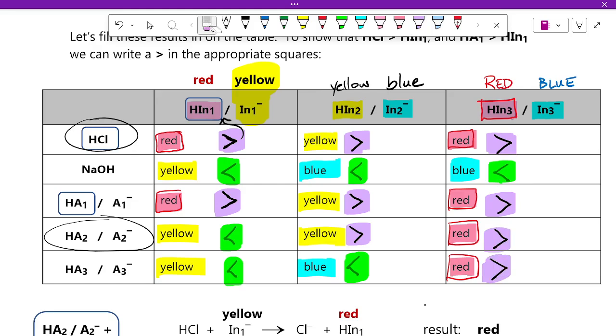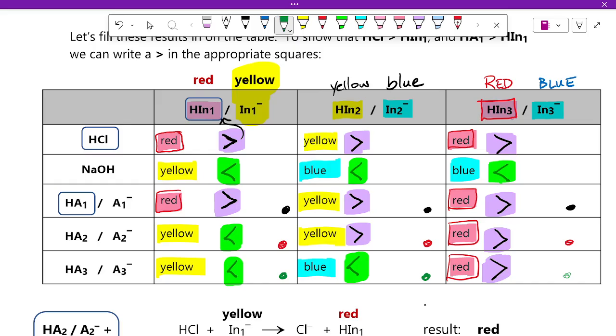So looking at the color coding, can you tell me which of the HAs is stronger? You're reading from left to right, so take a look at the data for HA1, then HA2, then HA3. Which HA is stronger than the others?